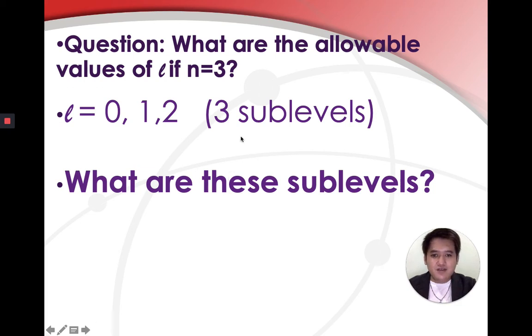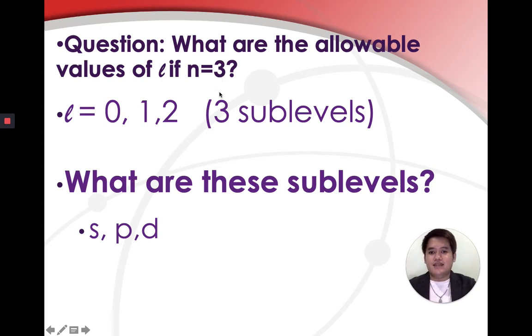Take note that the number of sublevels is also the main energy level number, the principal quantum number. They are the same. So 0, 1, 2, and what are these sublevels? Again, S, P, D, F. So 0 is S, 1 is P, 2 is D. Those are the sublevels present in n is equal to 3.